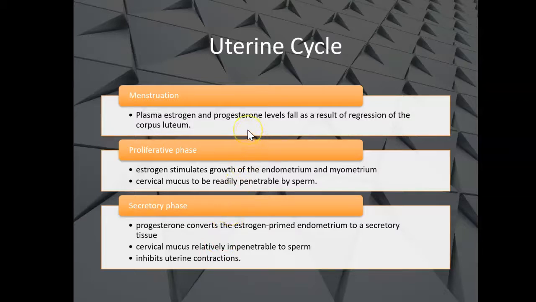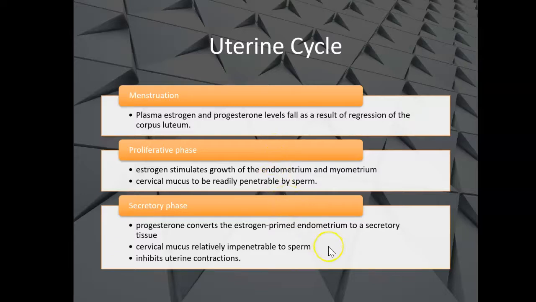So during menstruation, the plasma estrogen and progesterone levels fall as a result of the breakdown of the corpus luteum. In the proliferative phase, the estrogen will stimulate the growth of the endometrium and the myometrium, and cervical mucus will become more readily penetrable by sperm.